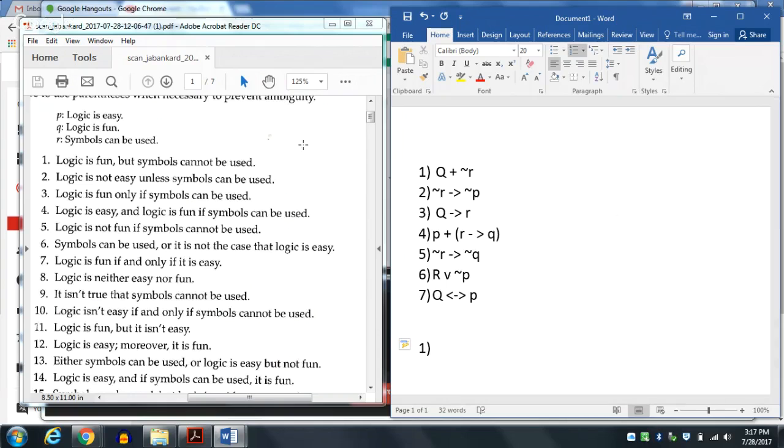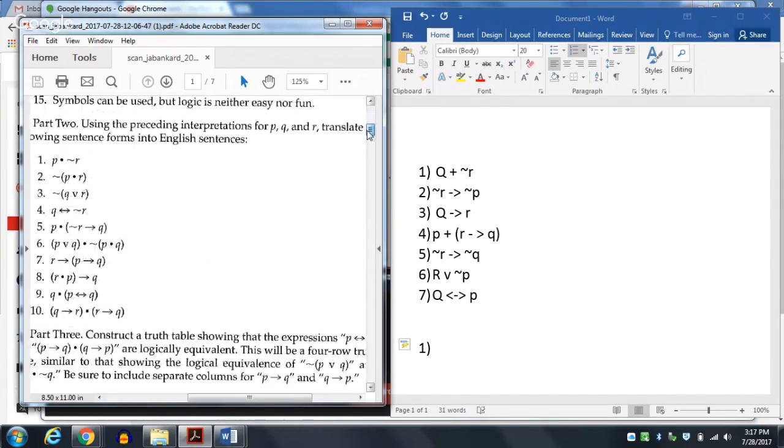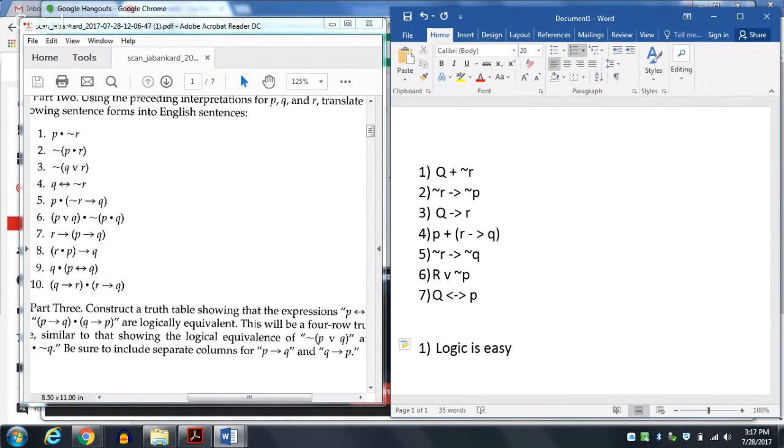I'm going to scroll down. We'll do the opposite. Here we have symbols, and they want you to turn it into English using the same key. So remember, P is logic is easy. We have P over here, P and not R. The easier way to do it is to say logic is easy, but symbols cannot be used.